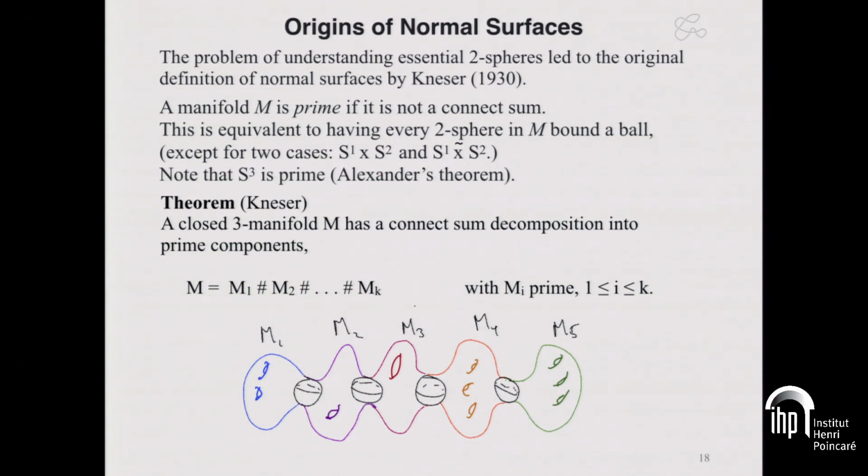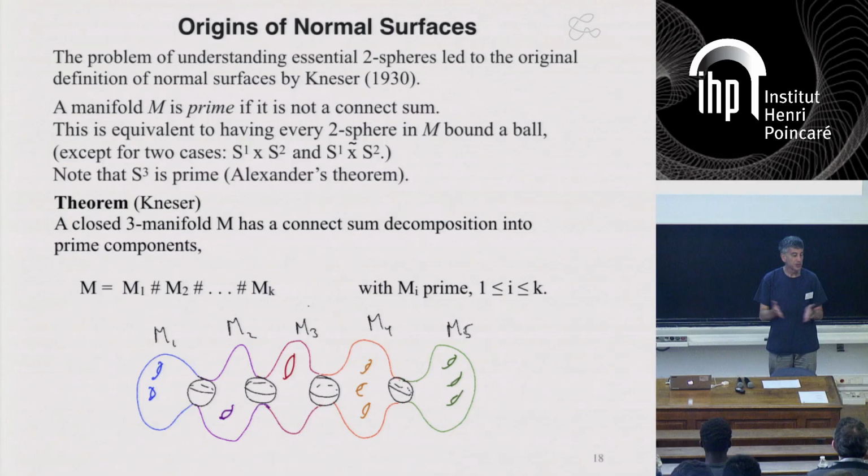Let me say a little more precisely what connect sum means. You start with 2 closed 3-manifolds. The connect sum is gotten by removing a ball from each of them and gluing the 2 spheres together. So you get a closed 3-manifold. And so here's a little exercise. How many ways are there to do that? Was that well defined, what I just said? We have to think, how many ways are there to glue a 2-sphere to a 2-sphere?